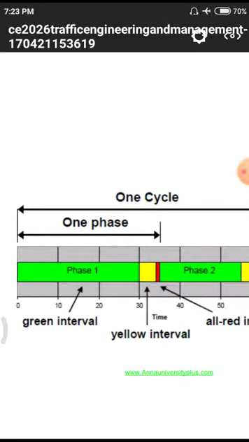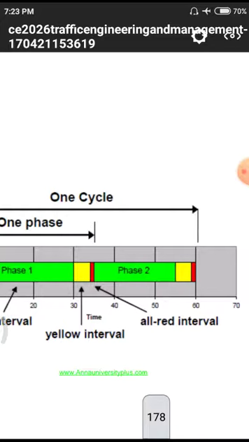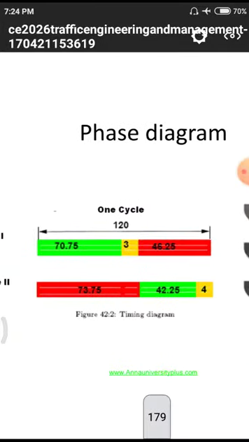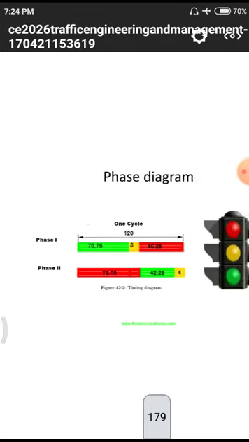After that we are having all-red intervals. Likewise different phases we are having, so each and every phase we need to observe, so that phase 1 plus phase 2 will give a total complete cycle. In that complete cycle we are having phases. Phase 1 plus phase 2 will give a total cycle. After that we need to go for another cycle with another 2 phases. This is the phase diagram.